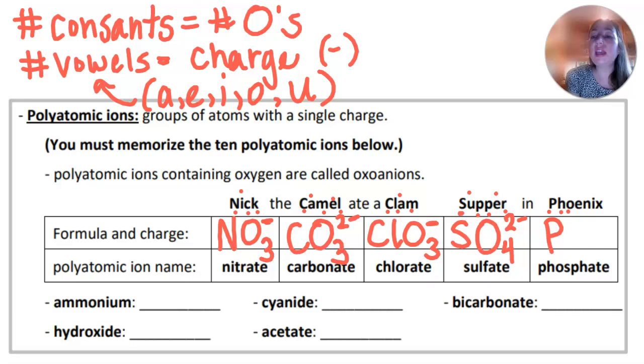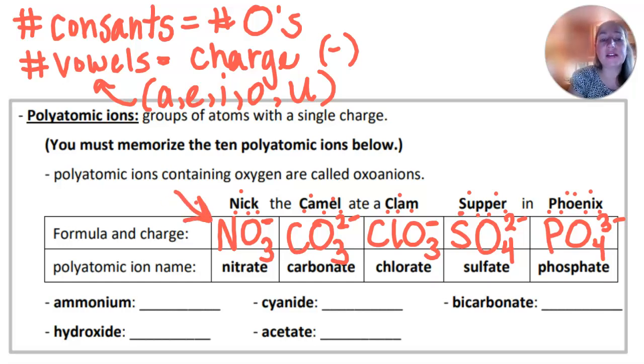P-H-O-E-N-I-X. Okay, so P-H, N, and X are all consonants, so we'll do 4 oxygens. And then O and E and I are all vowels, so we'll do a 3 minus, or a -3. So hopefully that can help you with these 5 ions.